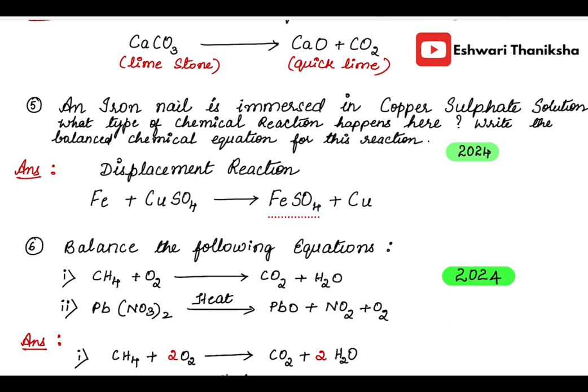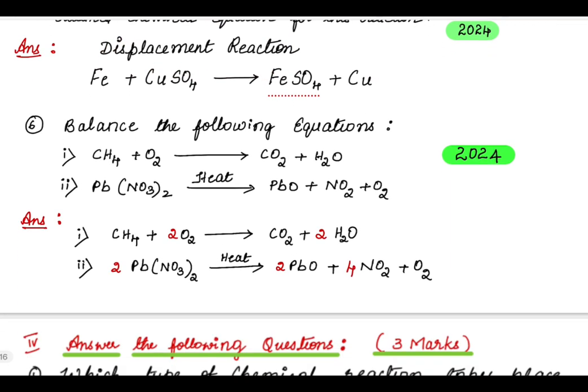Write the balanced chemical equation. When an iron nail is immersed in copper sulfate solution, iron will displace copper. So you will get iron sulfate and copper gets displaced. Therefore it is called a displacement reaction.